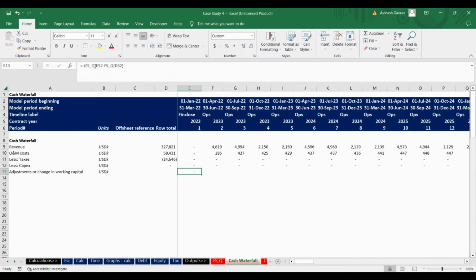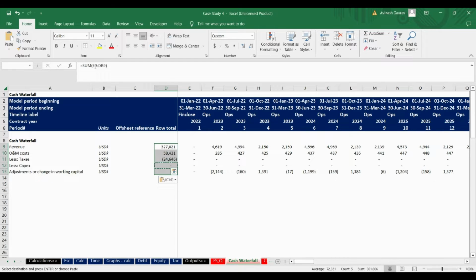Because if my working capital is positive, then the change is going to be negative, because working capital positive means that your current assets have increased, and if your assets have increased, it means that the company has incurred a cash out from them, so this is like a negative cash, right?